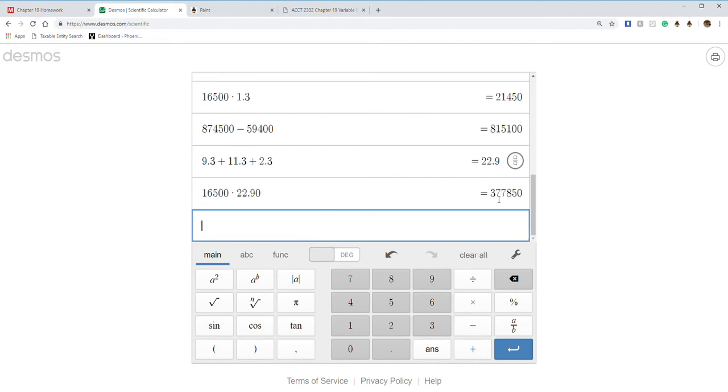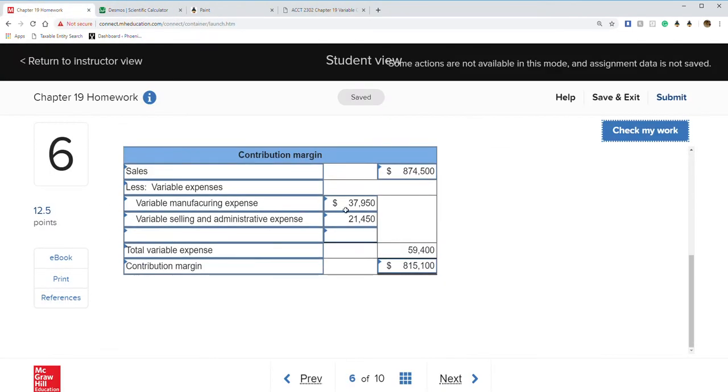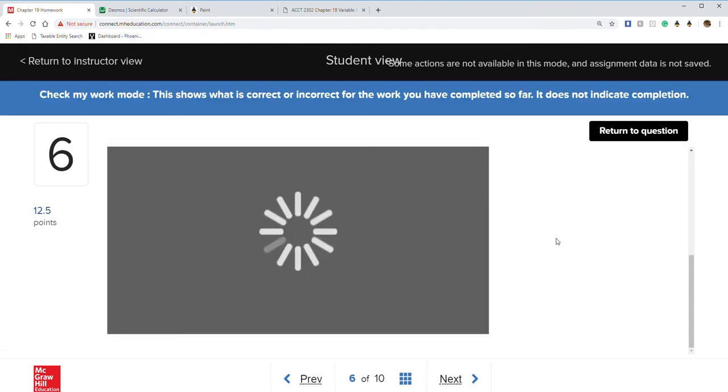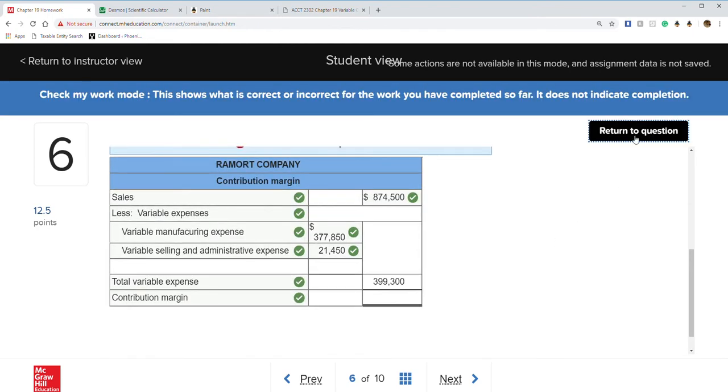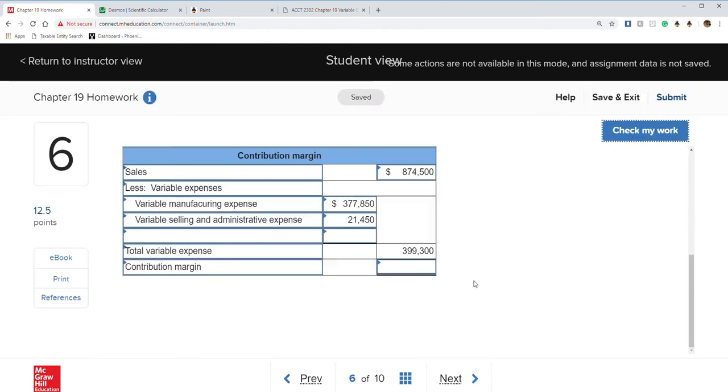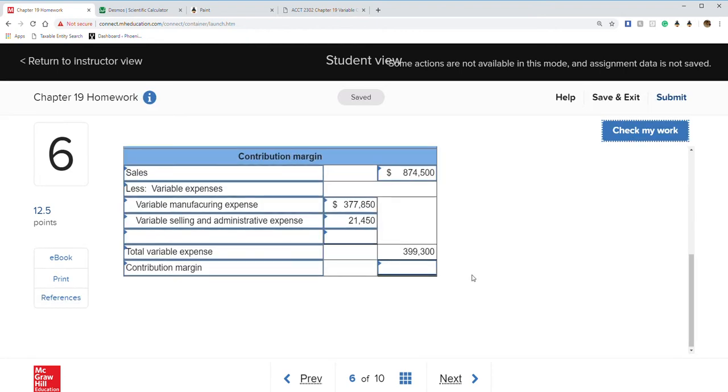So it's really 377,850. So that means that number has totally changed. And look, now it's correct. So you gotta watch out for that. Even though it's asking for variable, remember, there's other variable costing in manufacturing. Just a good old refresher.